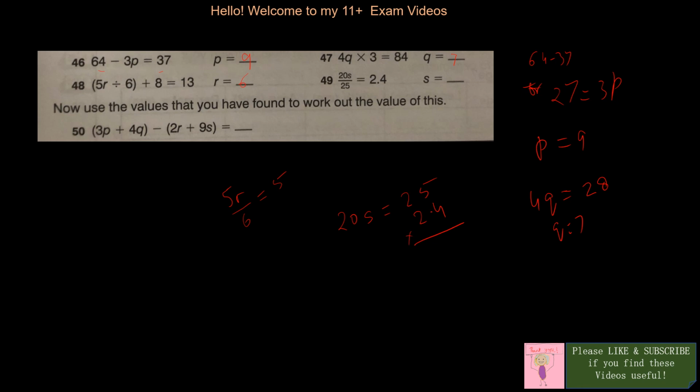So I have to multiply. 25 times 2 is 50, so 60. So I get 60. S is 60 by 20, that's 3. Okay.